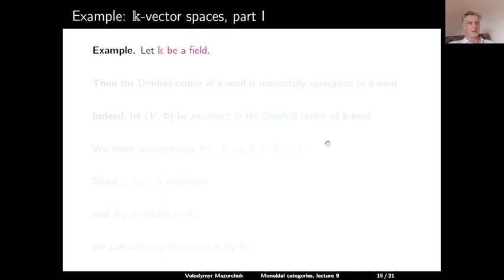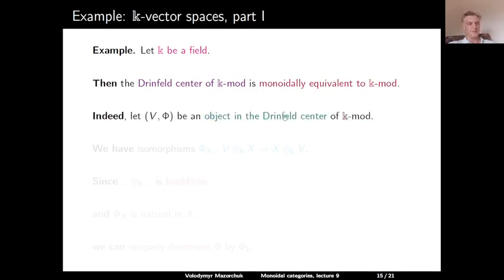Let K be a field. Then the Drinfeld center of the category K-mod is monoidally equivalent to K-mod. Indeed, consider an object (V, φ) in the Drinfeld center of K-mod.